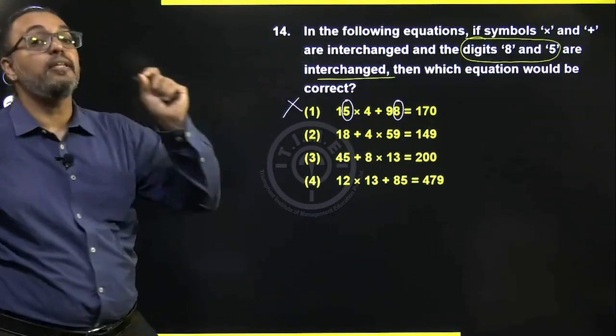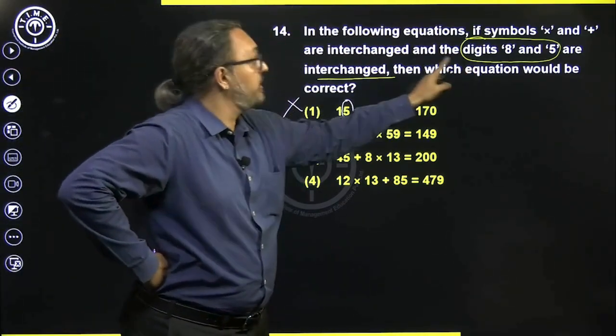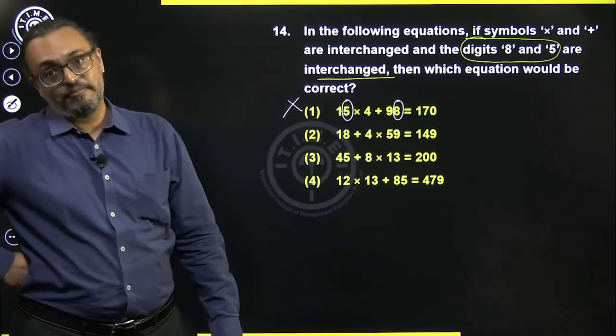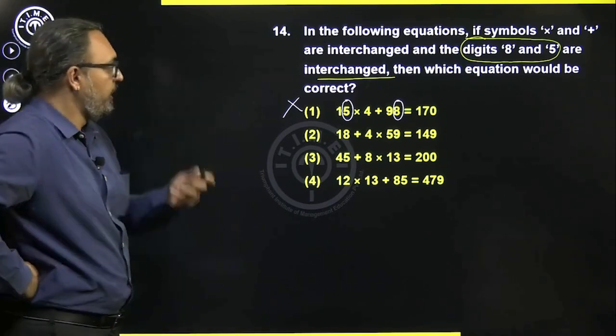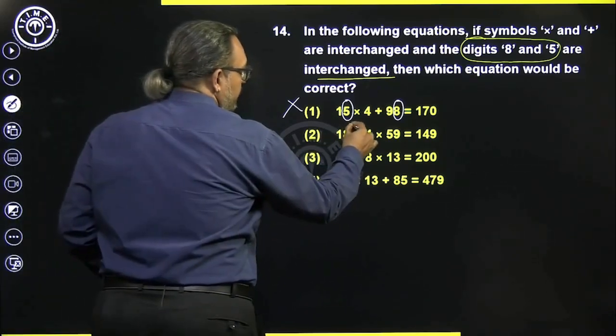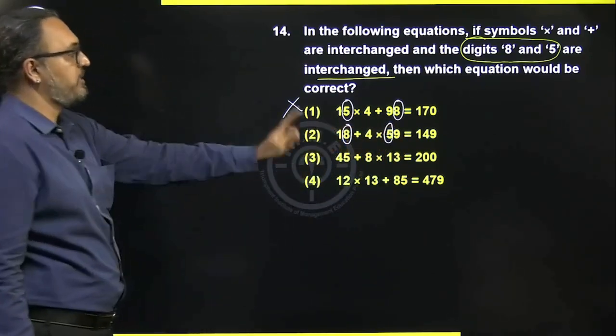So please read the information correctly. The digits are interchanged. Okay, not the numbers, digits. Then here again we take 8 and 5 are getting interchanged, plus and into are interchanged.